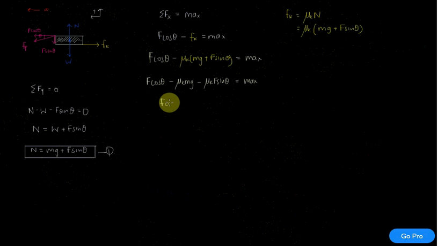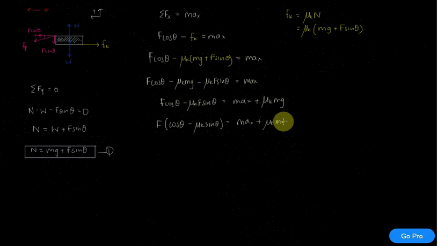So this becomes f cosine theta minus mu sub k f sine theta is equal to max plus mu sub k mg. Alright, so to factor out the f, cosine theta minus mu sub k sine theta is equal to max plus mu k mg.